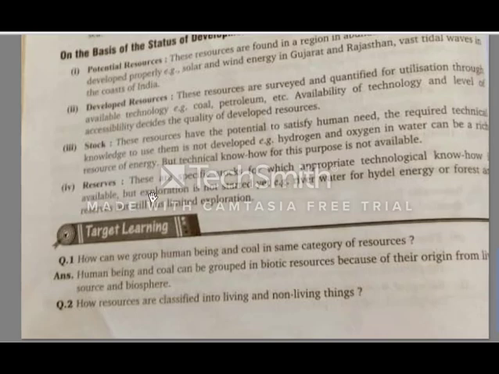Reserves. What is reserves? These are specific stocks for which appropriate, that is suitable or fit, technology know-how is available but exploration is not started.